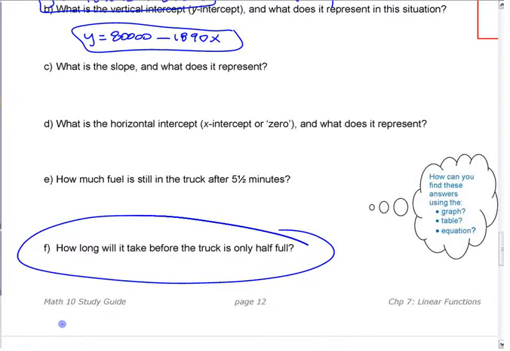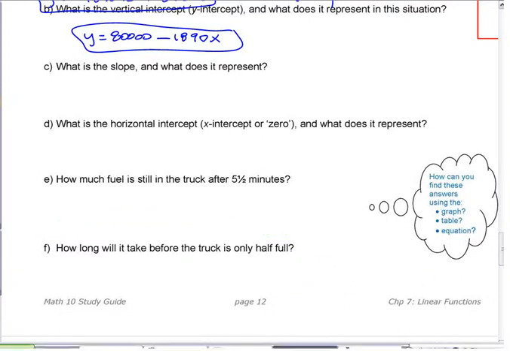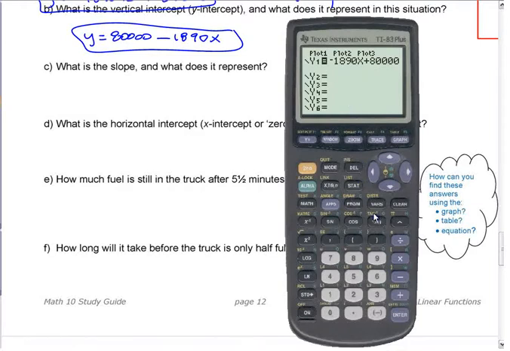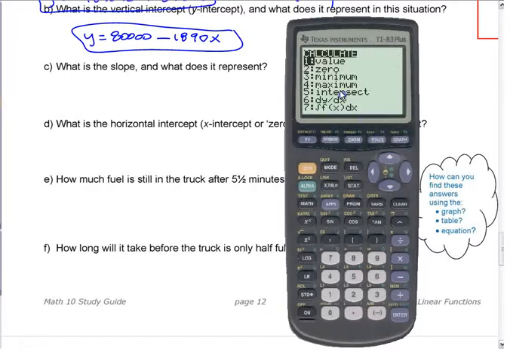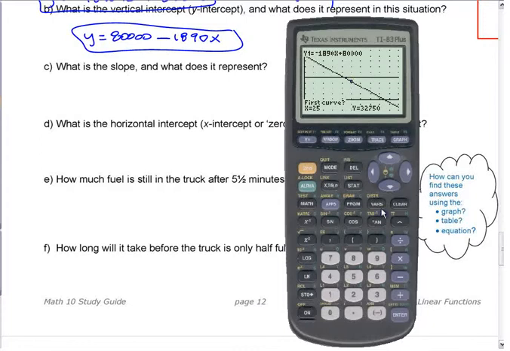The only way to do that on the calculator here is to say half full would be 40,000 liters, and graph a horizontal line there. It graphs a second line there, and then you can find what's called the intersection point. Under this calculate menu, there's this intersect feature. It lets you find where those two cross.